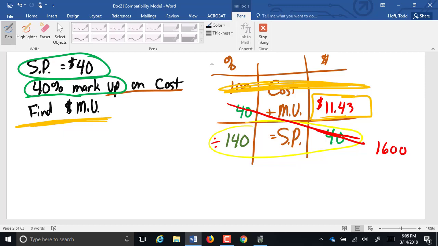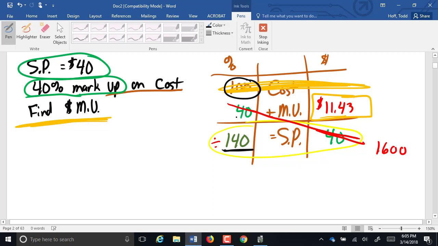Unfortunately, what you could do is remember that since this is 100%, you add that 40% to it to get 140% as the selling price. You could do that selling price of 40 divided by 1.40. Well, what that's going to give you is 28.5714, 28.57.